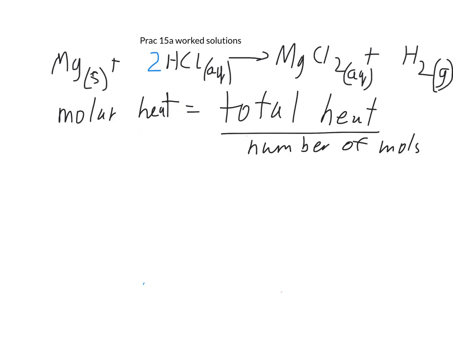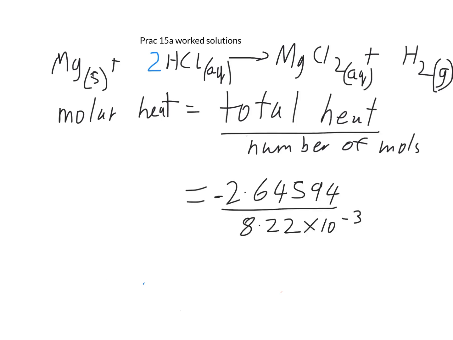Molar heat is basically finding total heat divided by number of moles. Molar anything is total divided by number of moles. So in this case, it's negative 2.64594 divided by 8.22 times 10 to the negative 3. Carry the negative over from the previous question, but as long as you have it in your final answer, that's the main thing.